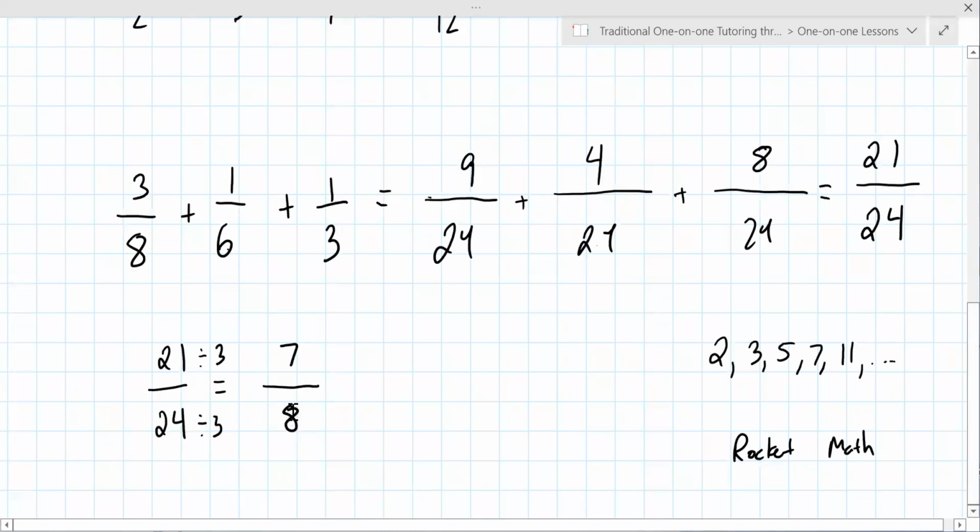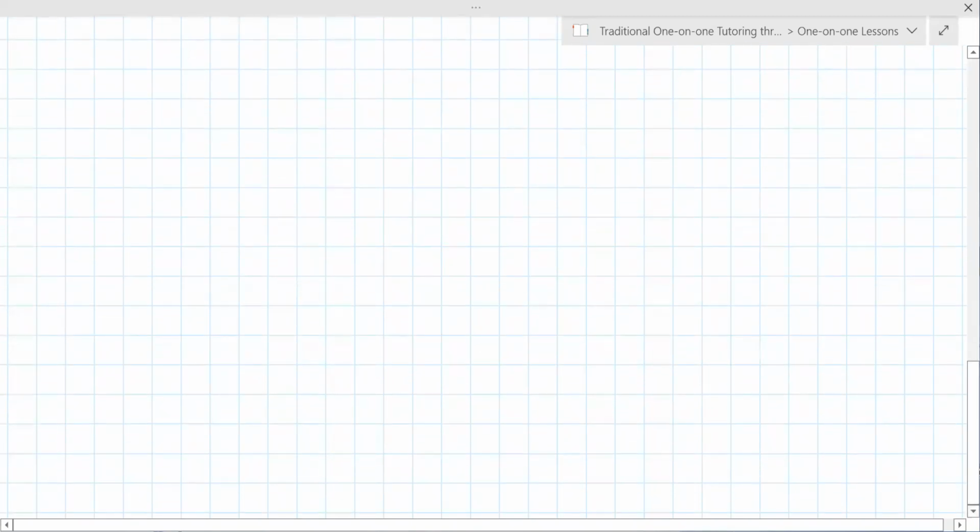All right, so we're going to work on reducing, but we also need to look at subtracting fractions. It's really no different than adding, but you have to be comfortable doing both. So to subtract 2 fractions, you still need a like denominator.